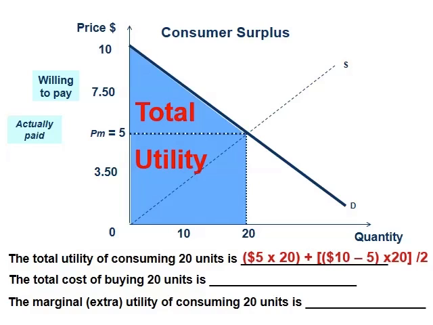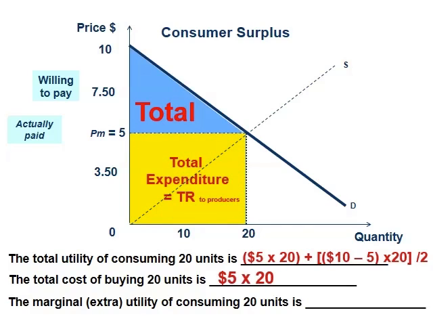Now the total cost of those 20 units is, of course, how much the consumer paid, $5, and bought 20 units. So total consumer spending or expenditure, which is total revenue to producers in this case, is equal to 5 times 20. So the consumer only spent $100, but he was willing to spend more.